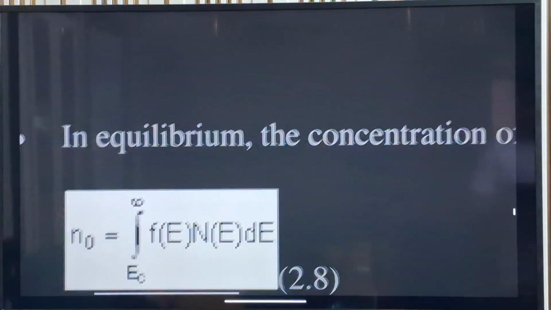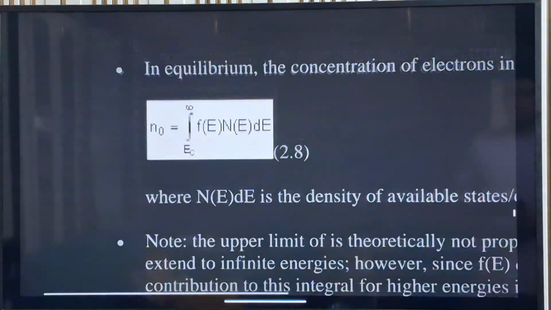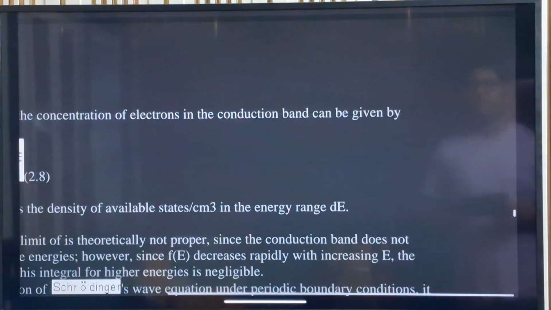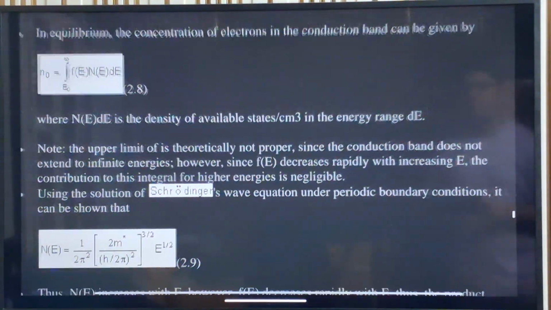It is the integration from conduction band energy to infinity of the Fermi-Dirac distribution probability times N(E), the density of states, times dE, the differential of energy, where N(E)dE is the density of available states per centimeter cube in the energy range dE, right? So that's exactly what I mentioned.